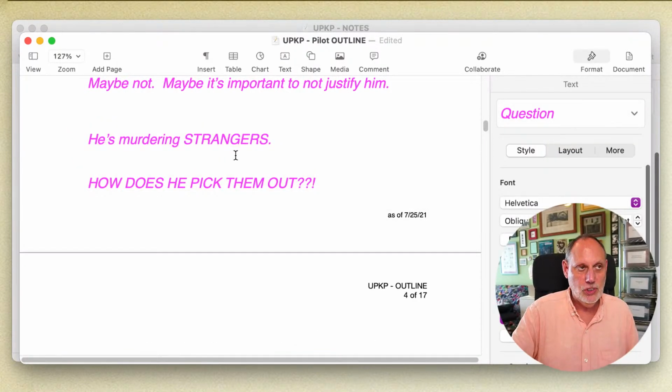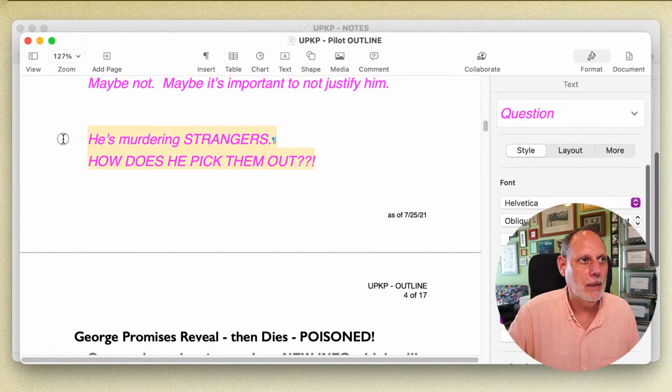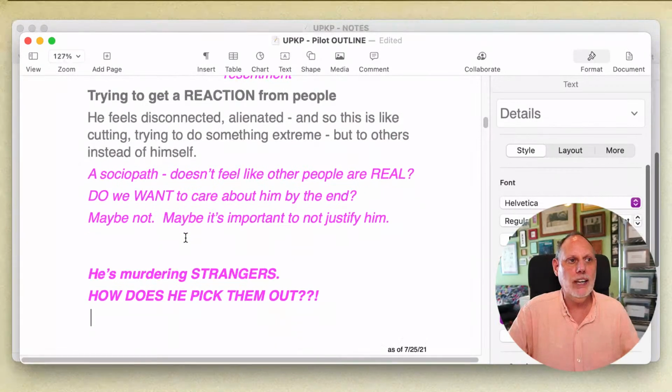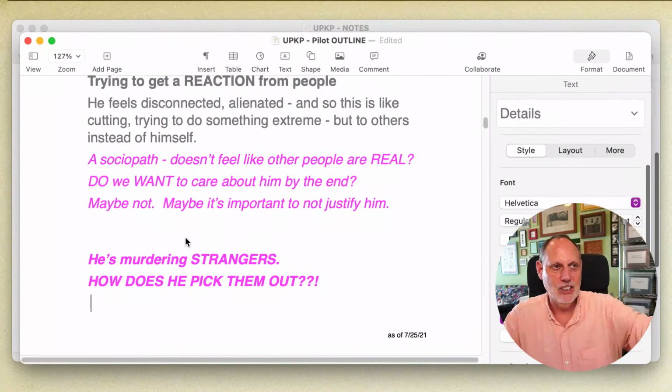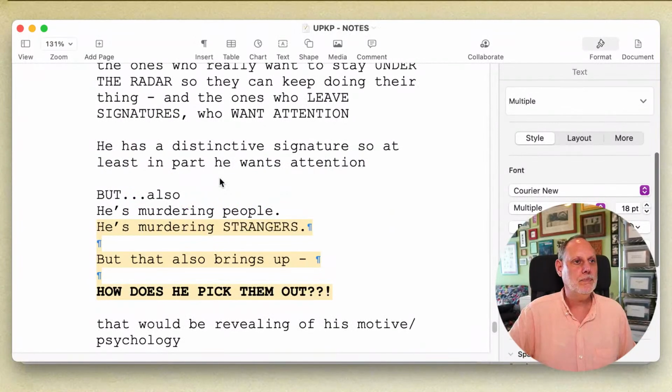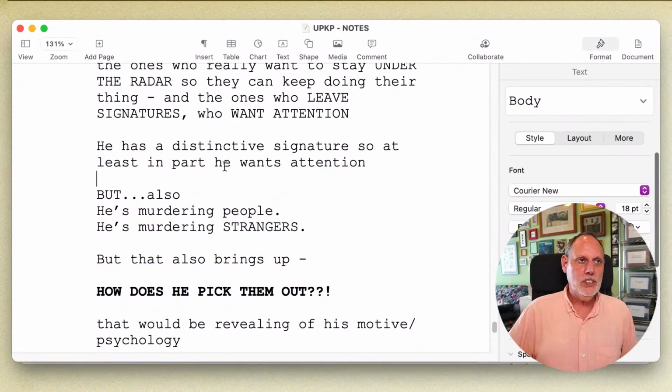I put my questions in pink. I make them stand out in the outline so that as I am working, I can look at that and say, this outline is not ready to turn into a script because I have this pink stuff that has not been answered yet. Okay. But we still get to the question of he wants attention, but he also wants to get away with it.